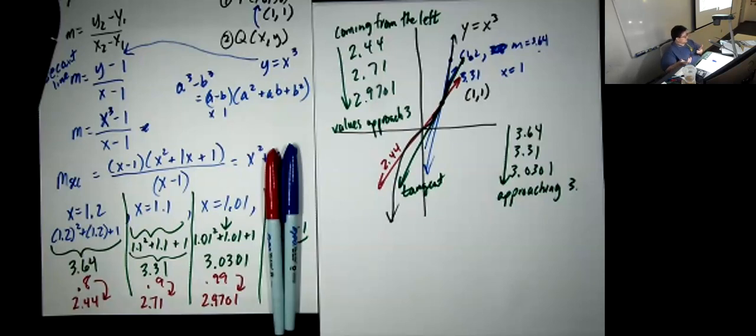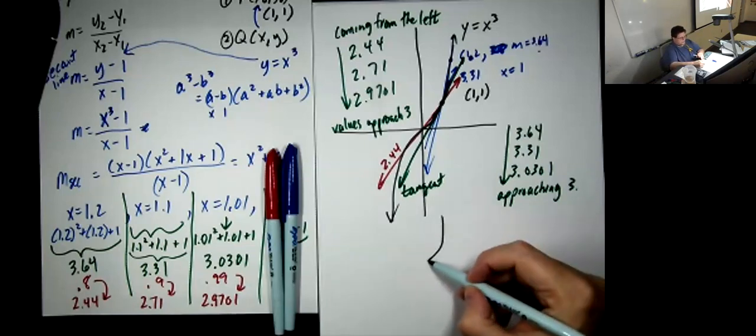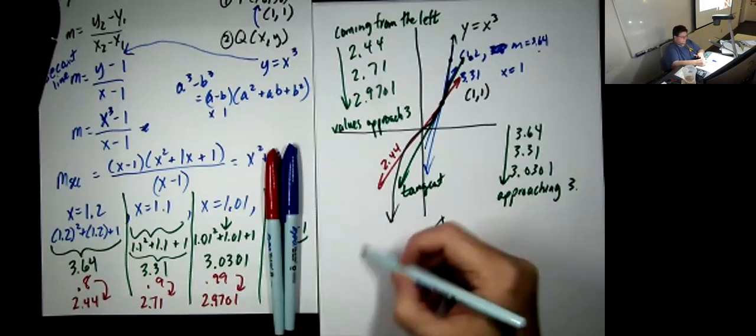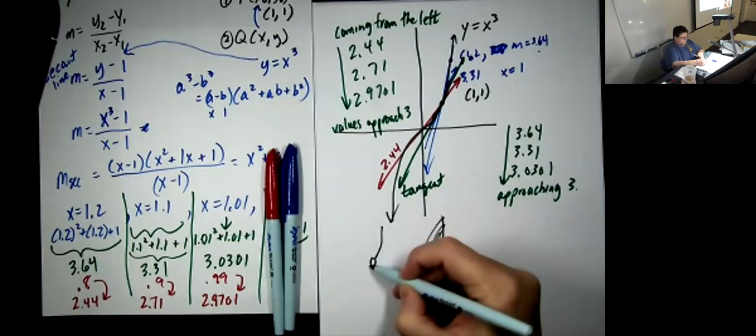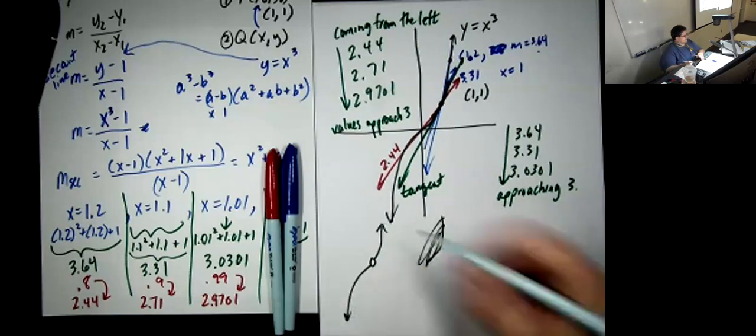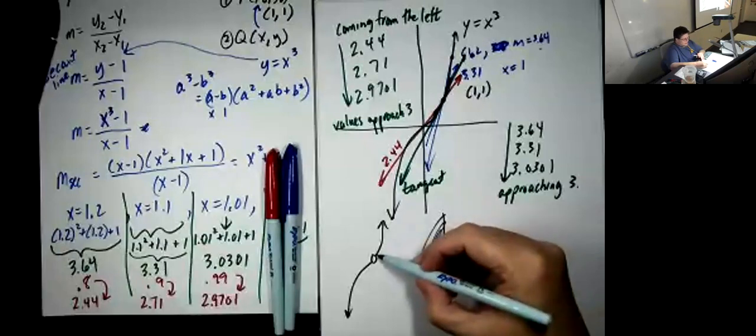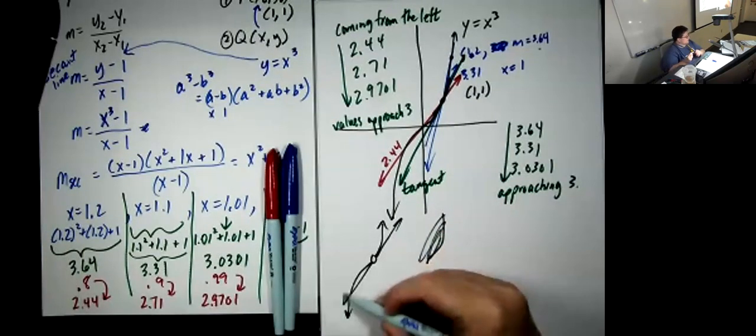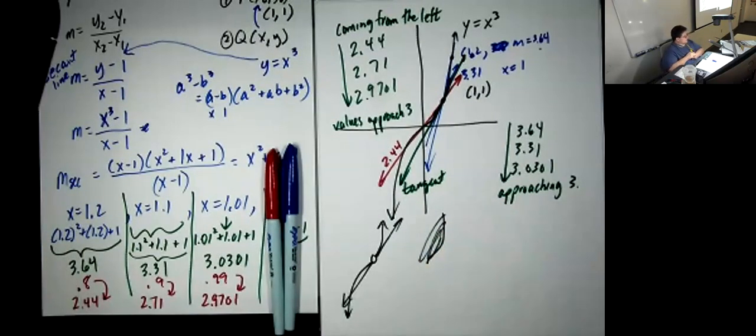Does that make sense? So this would work even if I had a hole there. I can get a tangent line there even without a point there if I just look at the secant lines as it approaches it.